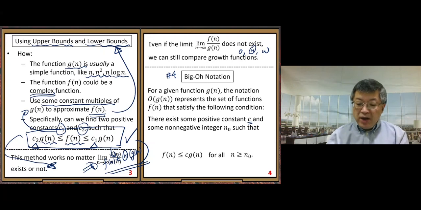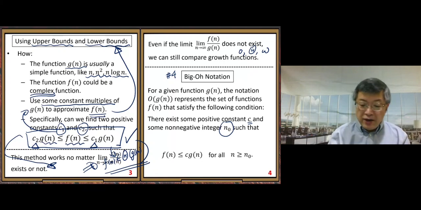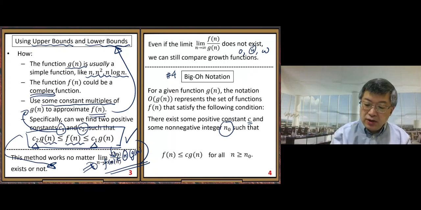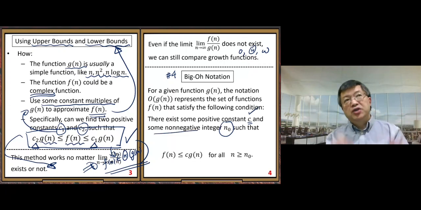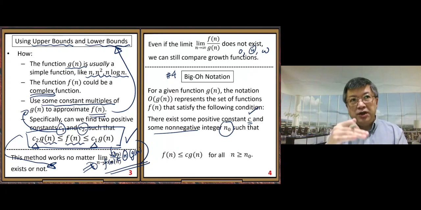But here, we need to understand the special integer n0. Why do we choose a non-negative integer n0? There exists some positive constant c and some non-negative integer n0, so you can find appropriate constants: one is c, another is n0.